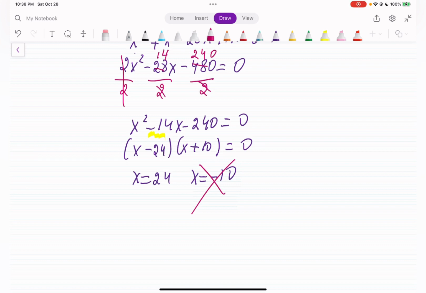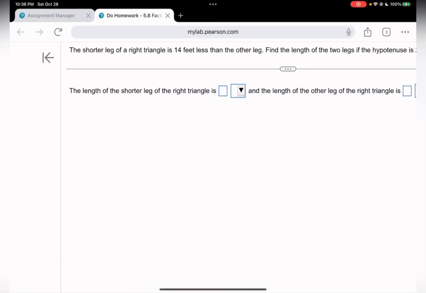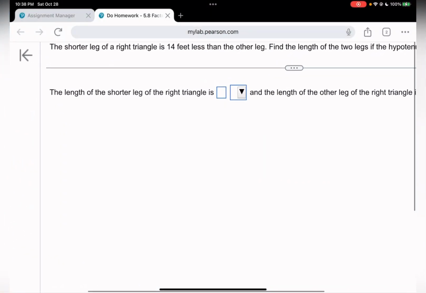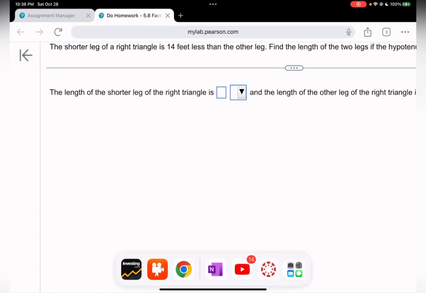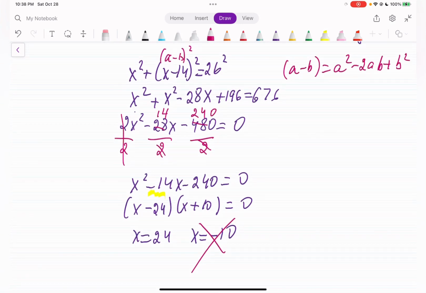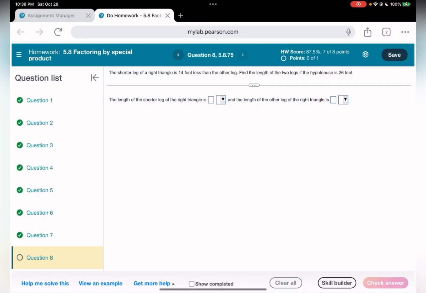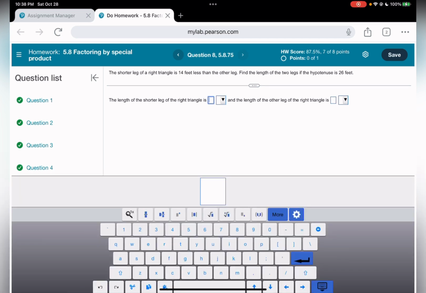Let me see what it is asking for us. The length of the shorter leg. If x is 24, the shorter leg was 14 less, so 24 minus 14 is going to be 10. We put here 10.